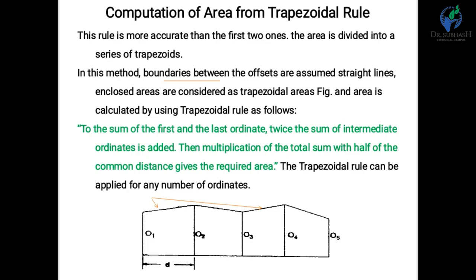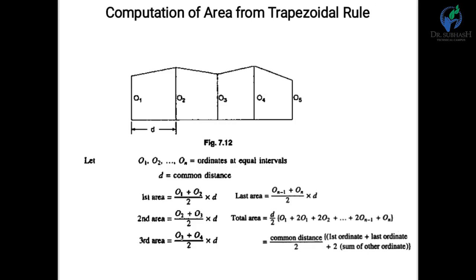To the sum of the first and the last ordinate, twice the sum of the intermediate ordinates is added, then multiplication of the total sum with half of the common distance gives the required area. That is the rule that we can apply for calculation of area using the trapezoidal rule.